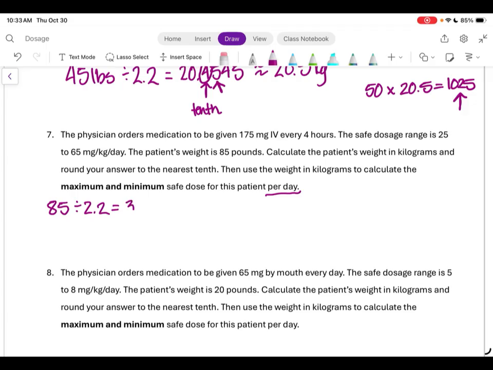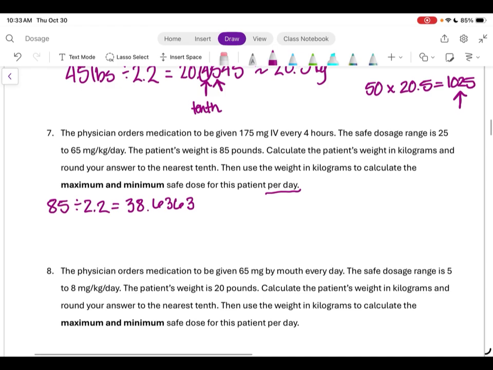I get, on my calculator, 38.6363, and it keeps going. So when I round to the nearest tenth, I'm going to call it 38.6, because here's my tenth place, and the number next to it is a 4 or less. So the 6 doesn't become a 7, it just stays a 6.